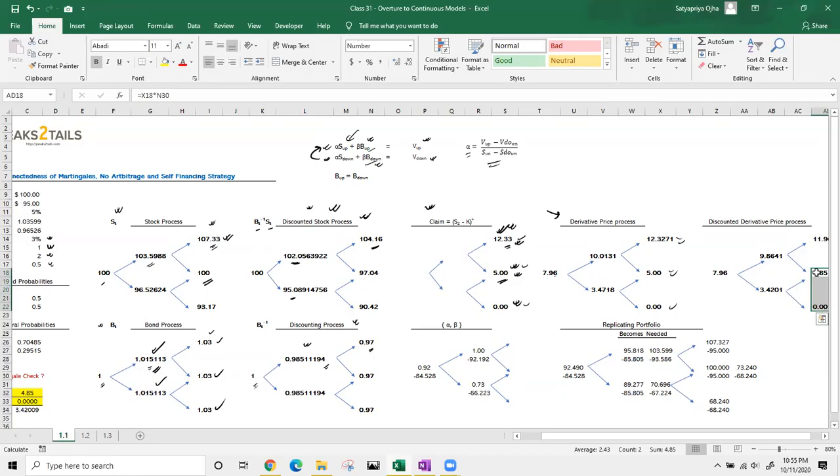What is the expected discounted derivative price tomorrow? That is this 3.42, and it is matching the current value, correct? So discounted derivative price process is also a martingale. Similarly, you can take these three values and check the expectation of these three values. From today's perspective, it would be exactly 7.96.